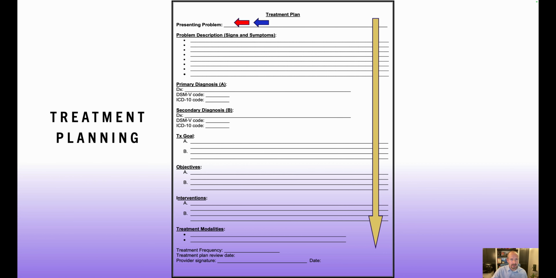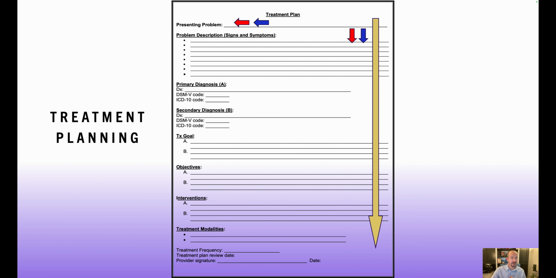So in this case, starting clear from the presenting problem and going all the way through the treatment modality. After the presenting problem, you need to make sure that the problem description, the actual signs and symptoms, are then listed out and draw from the presenting problem. I've mentioned those, like I said, here with those two different arrows.